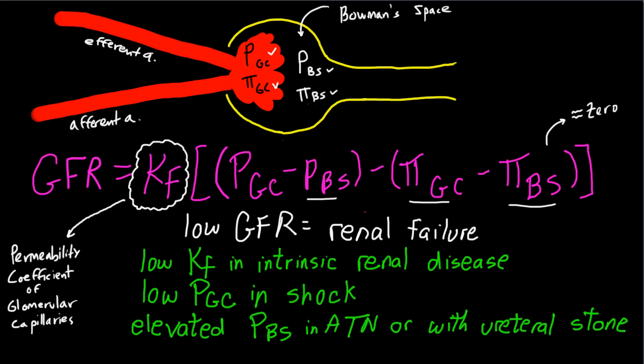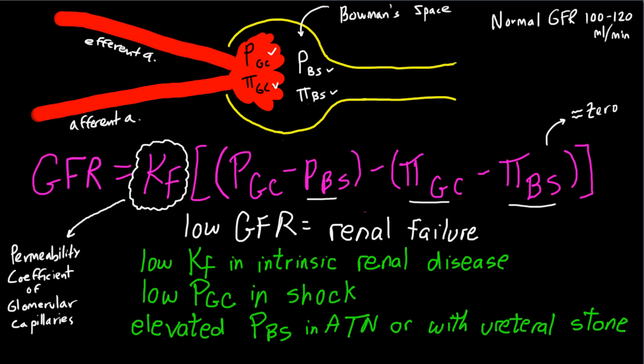In normal humans, the glomerular filtration rate is about 100 to 120 milliliters per minute, or about 180 liters per day. If GFR is less than normal, the patient is said to have renal failure or renal insufficiency.